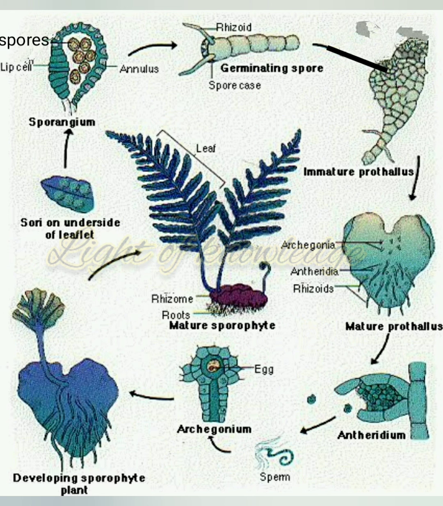In this picture, we can see the sporophyte of fern. It has leaves, rhizomes and roots. These are multicellular structures, and the rhizome and leaves have a vascular system.